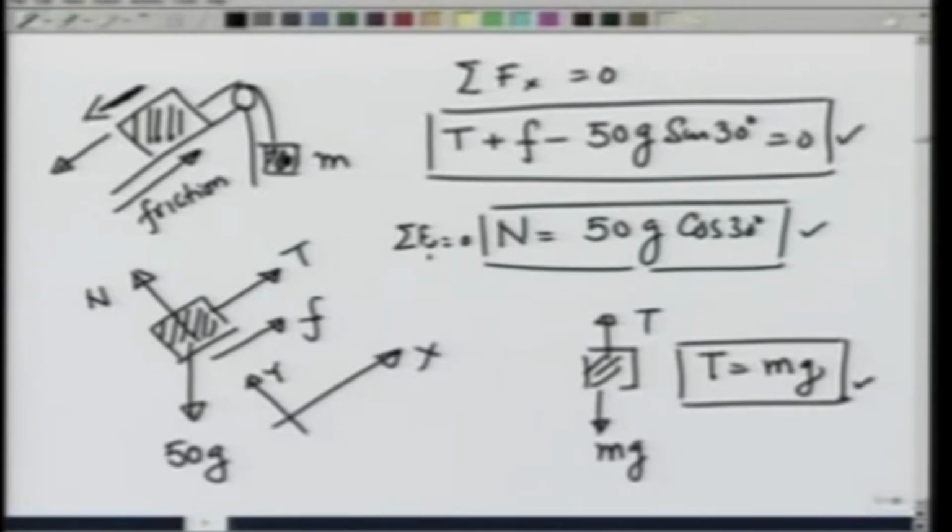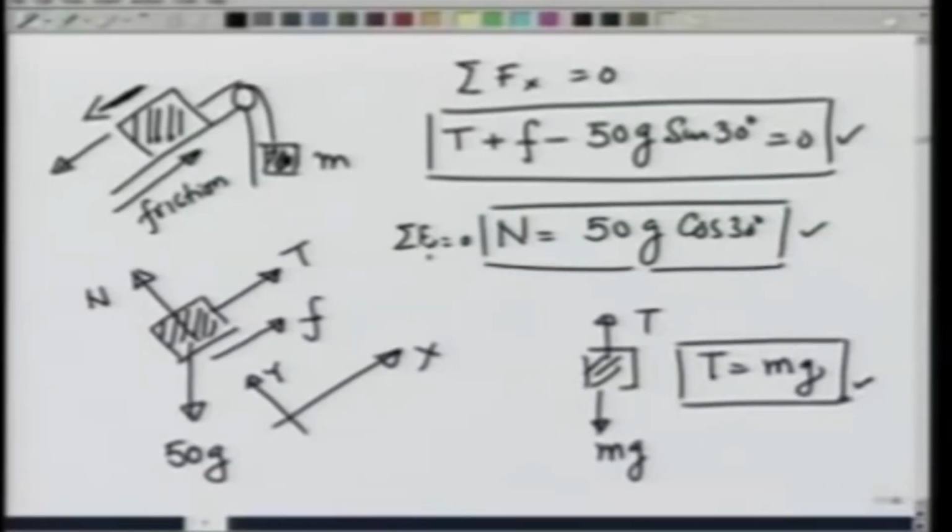Notice I have written the frictional force to be small f, not mu N, because mu s times N is the maximum possible value of friction. If 50 g sine 30 minus T is below the maximum possible value of friction, the block will remain in equilibrium and f would be equal to that value, which is less than mu N.